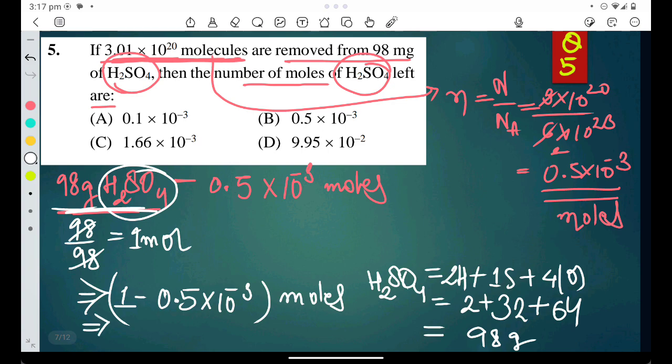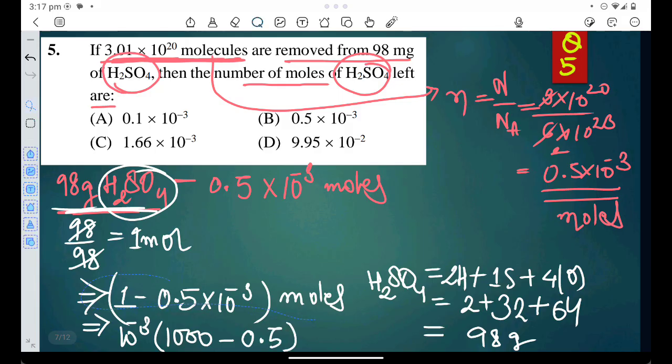So this is going to be a critical calculation. 10 raised to the power minus 3, I'm going to take out common. 1 by 1000, I'm going to take out common. So here remain 1000 minus 0.5.